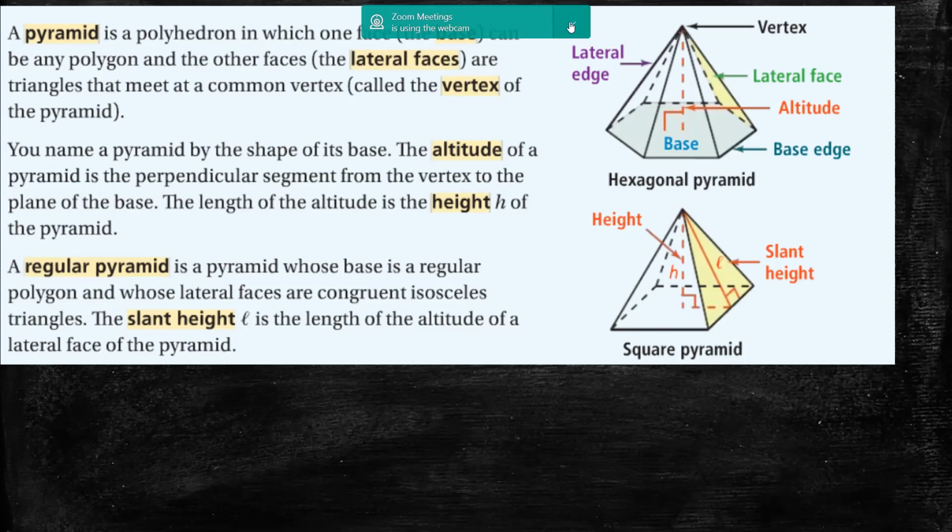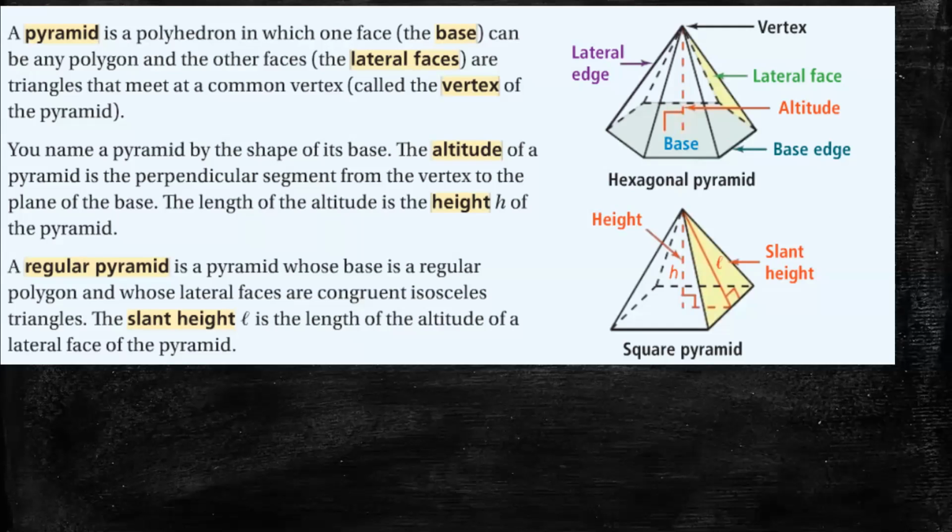The pyramid is a polyhedron in which one of its faces is a base, as you see in this picture here. This is a pyramid. It has a base at the bottom, and it has other faces. The other faces are called lateral faces.